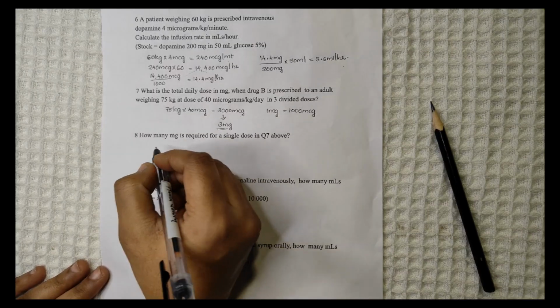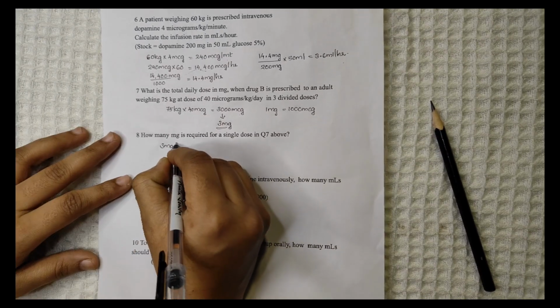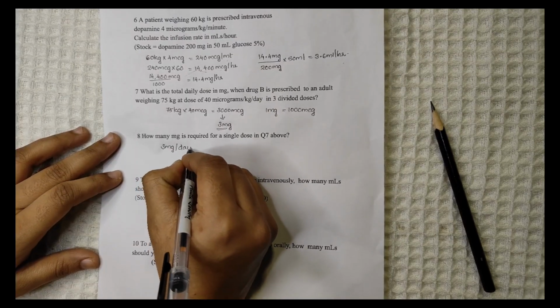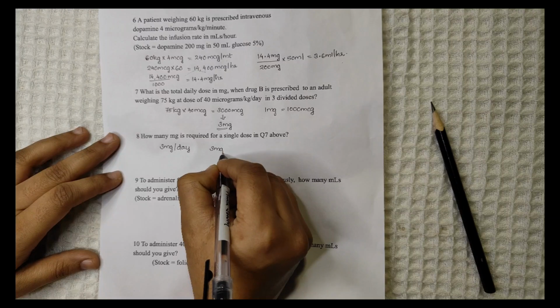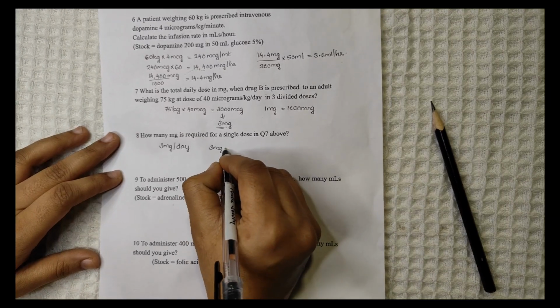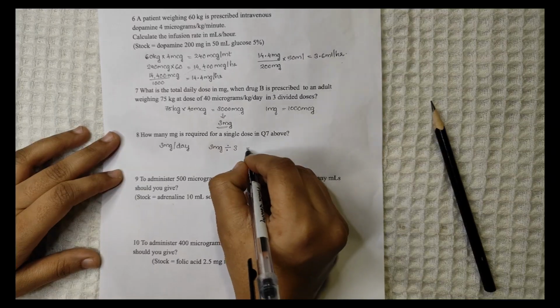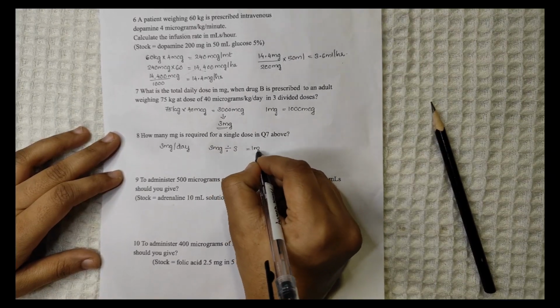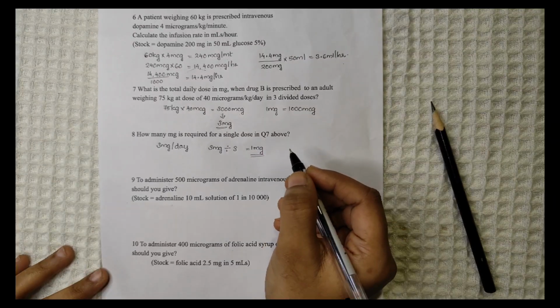For that, the answer was 3 mg per day, that is 3 mg divided by 3, that is 3 divided doses. So our answer will be 1. So 1 mg is the single dose the patient will get.